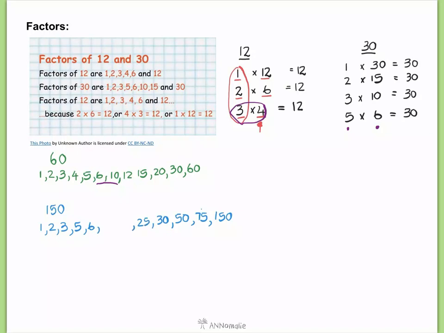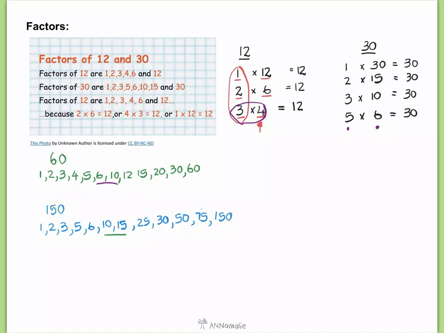Let's determine which numbers can still divide into 150 between 6 and 25. And the only ones are 10 and 15. And we know that we have all the numbers that divide into 150 without a remainder. We've listed them all, because there is nothing in between these two that can divide into 150.